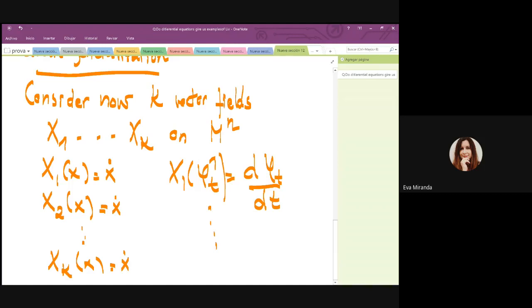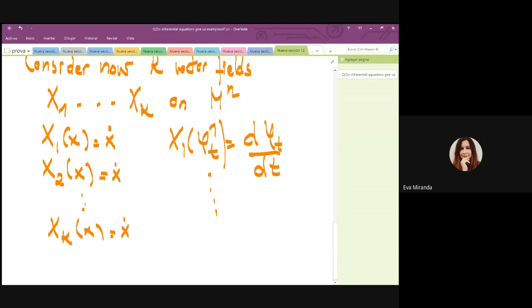And now I could do this for all the vector fields, including the last one. So phi super k sub t. Let me call these t1 and tk, right?